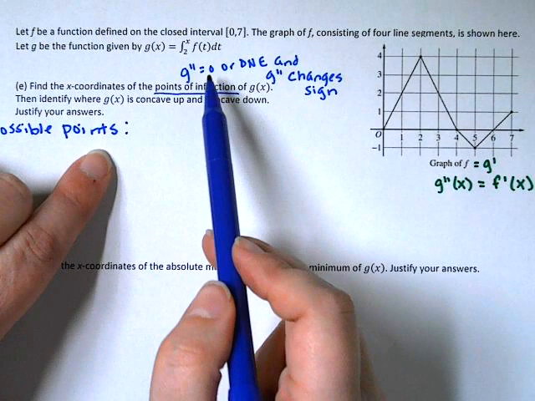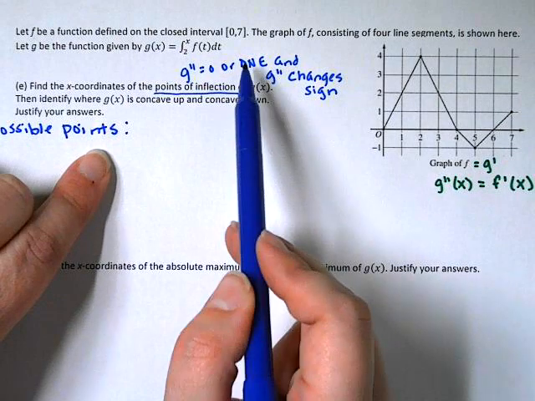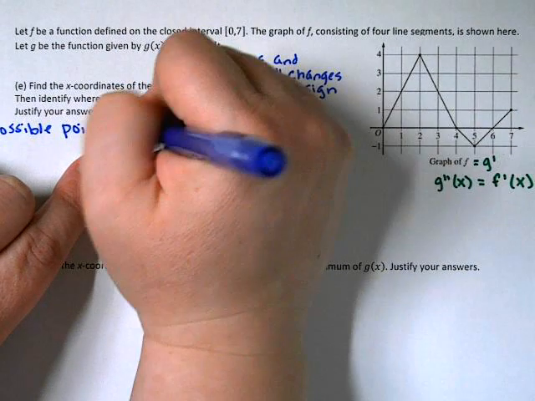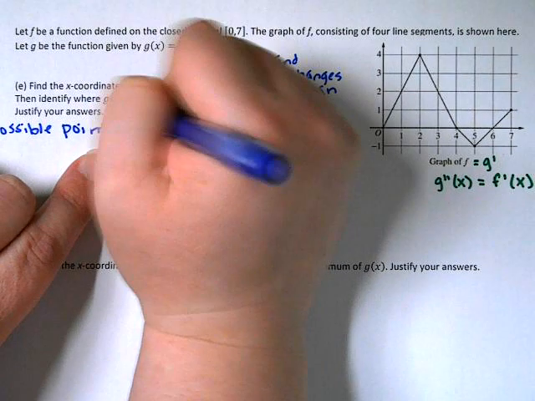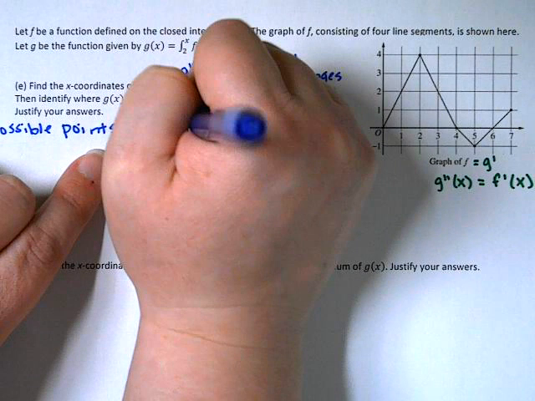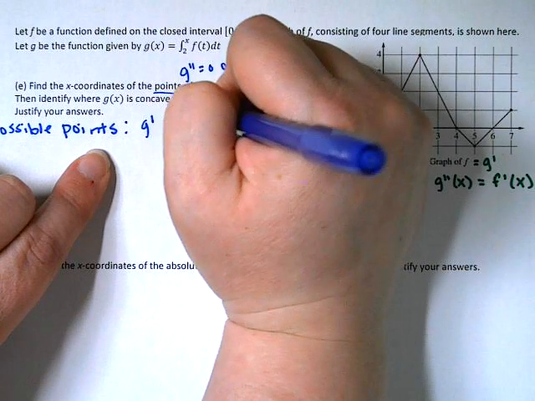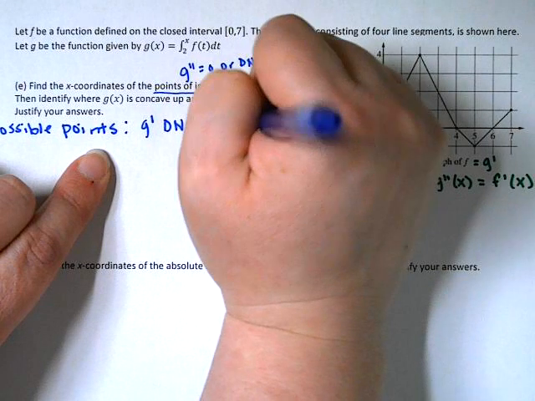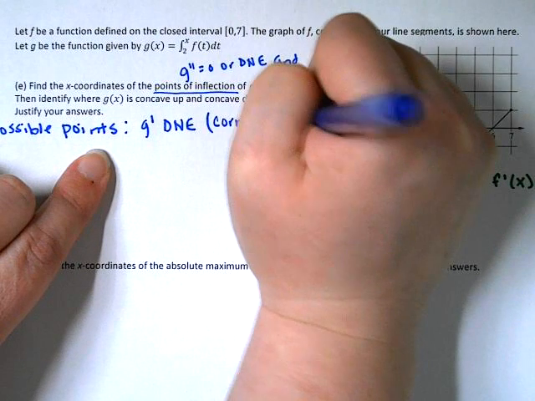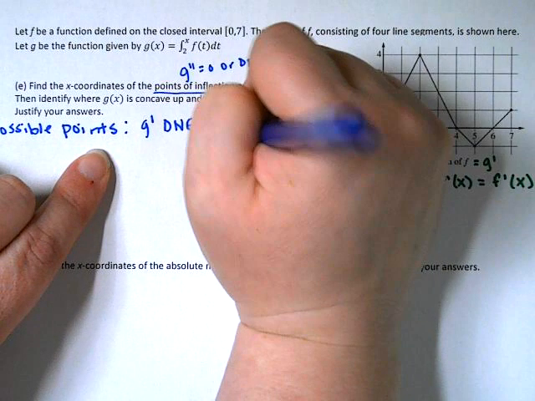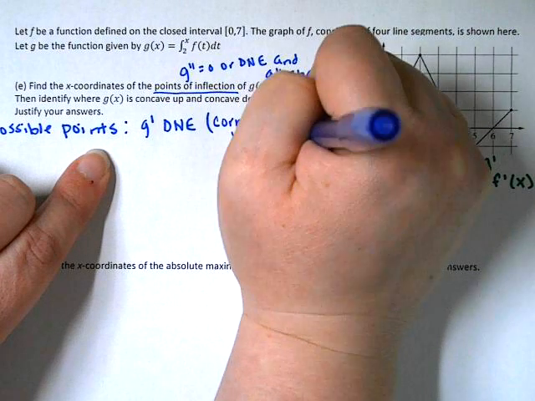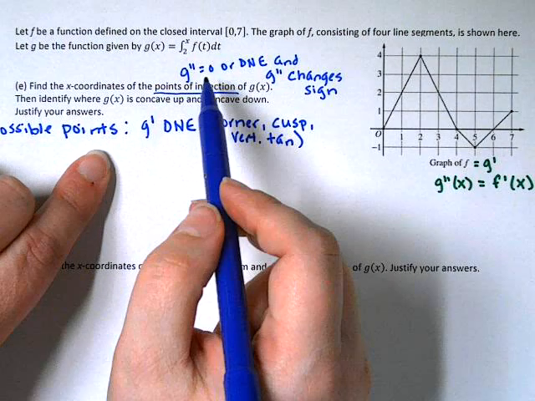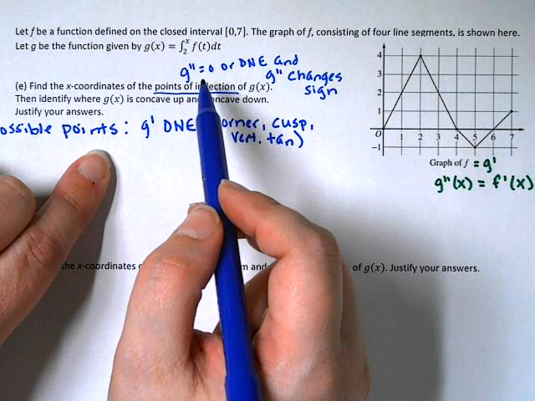So again, we're looking for where G prime is 0 or does not exist. Just as a reminder, for G prime to not exist, we're looking for corners, cusps, or vertical tangents. And for it to be 0, we're looking for horizontal tangents.